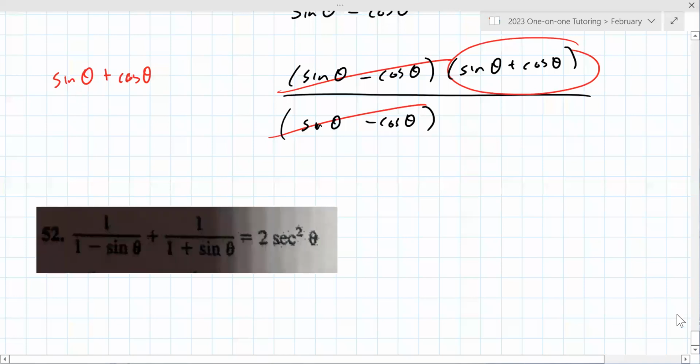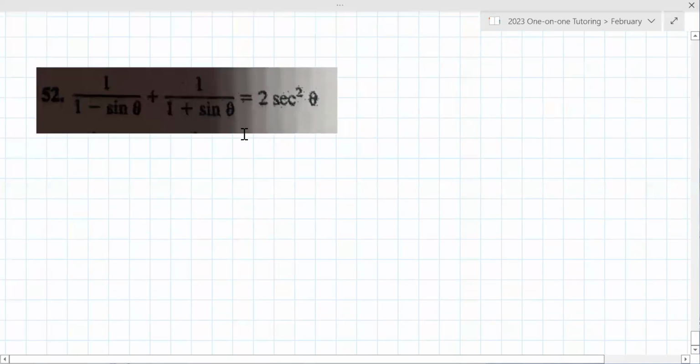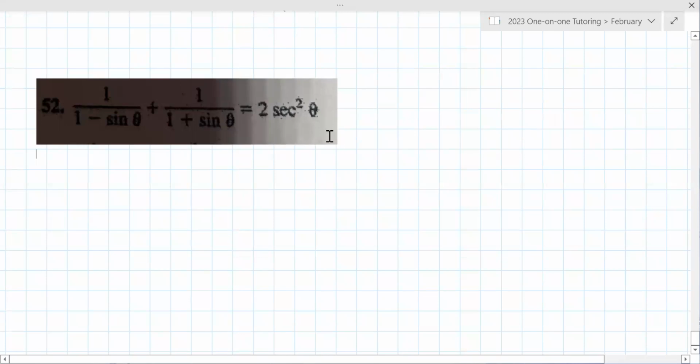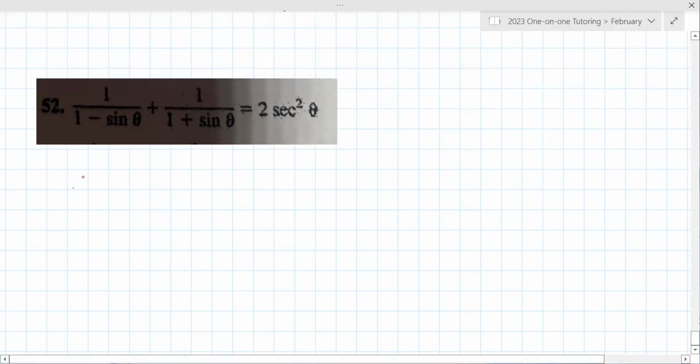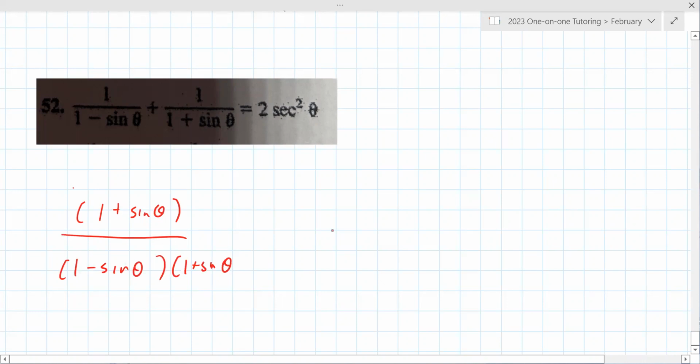Okay, here we go. So this one on the left, you generally multiply by the conjugate when you've got a 1 minus situation. So you end up multiplying the top and bottom by 1 plus sine theta. And that's going to turn into difference of squares. Same thing on the right here, the 1 plus sine theta.